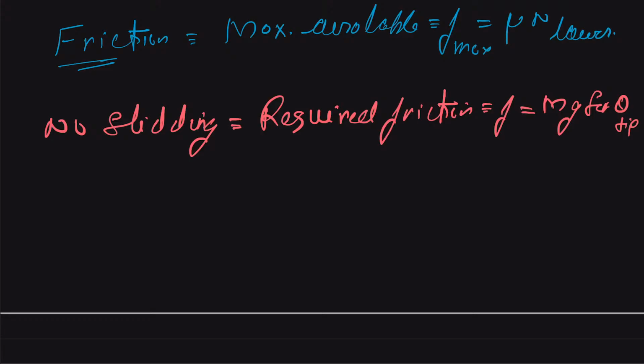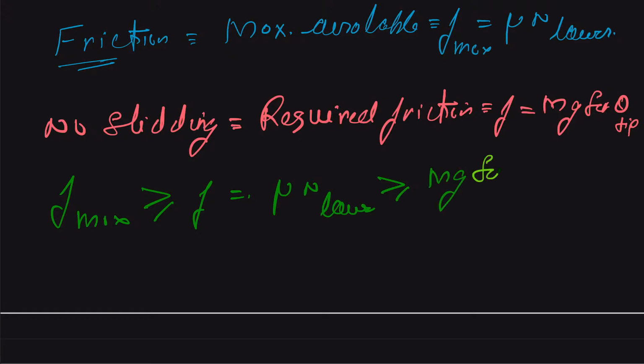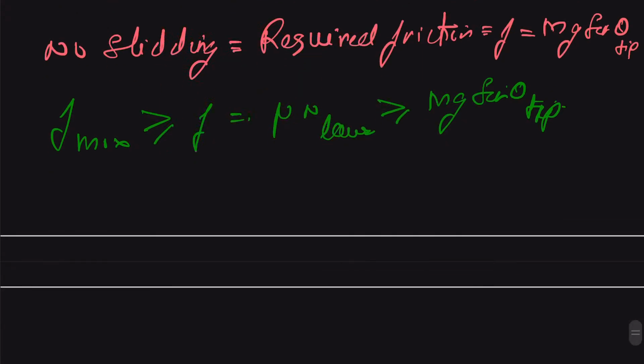And therefore we can write that F max should be greater than or equal to F required, or we can say mu N lower will be greater than or equal to mg sine of theta tip.